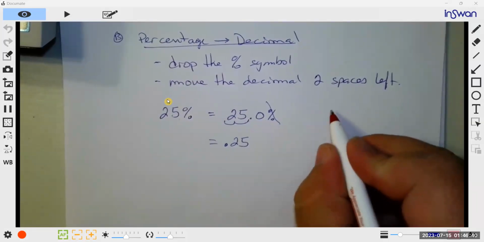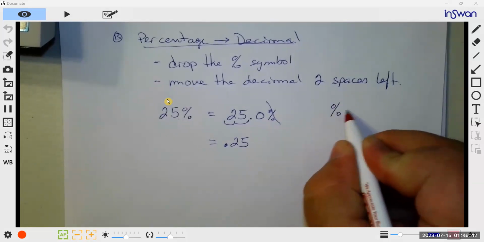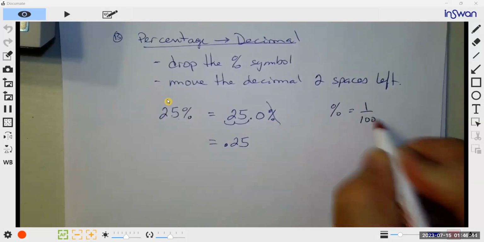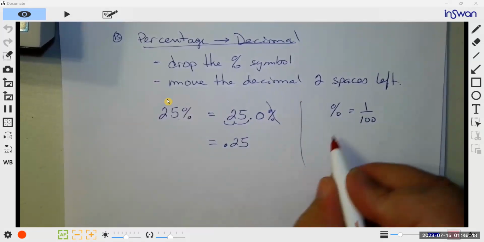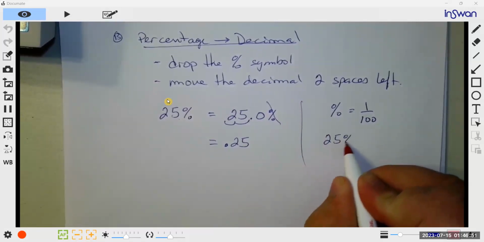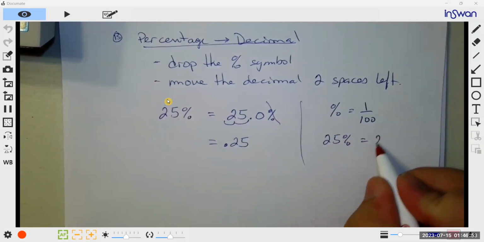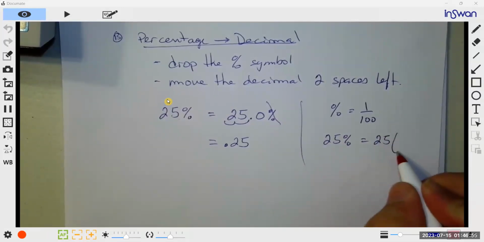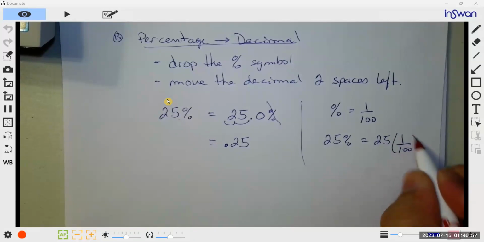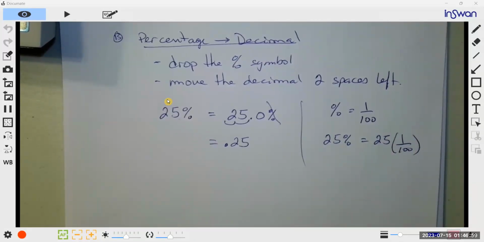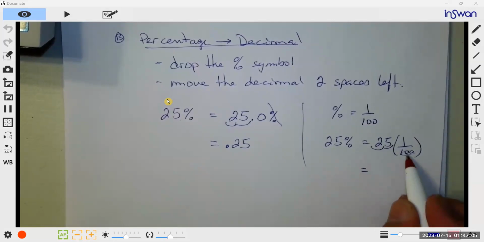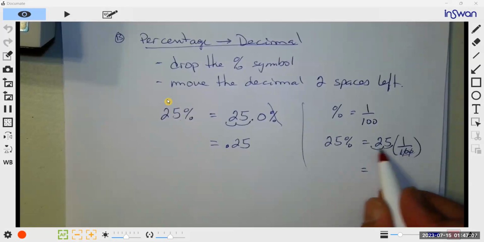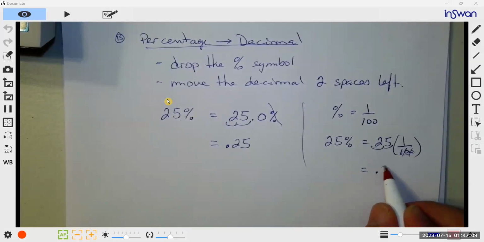Another way you can look at it is, remember, the percent is equal to 1 over 100. So 25% is the same thing as 25 times 1 over 100. This tells me I'm moving my decimal 2 to the left. Since I have 2 zeros on the bottom, that means 2 decimal places.